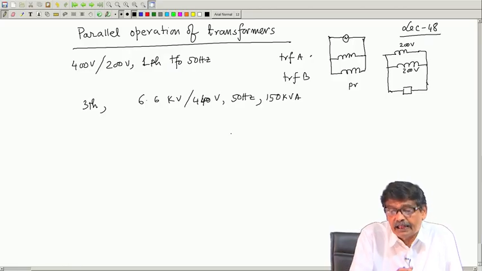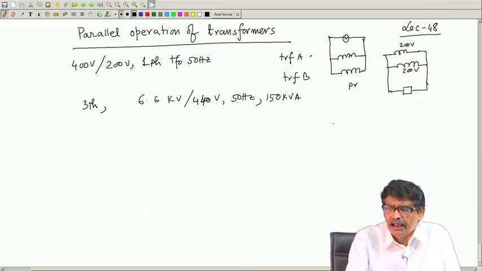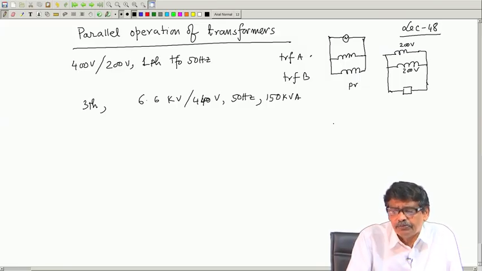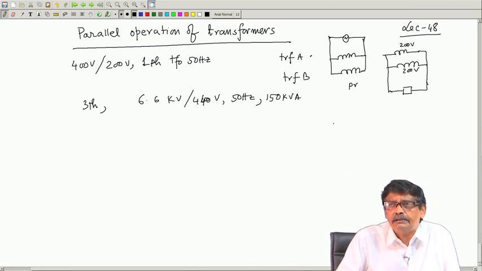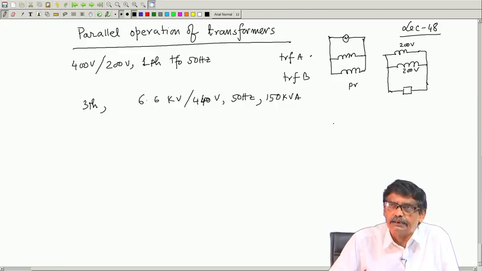Then you have to purchase another transformer of the same voltage rating but 300 kVA, and do away with this transformer, remove this transformer. But that is not an economic proposition, because this transformer is otherwise healthy, and the cost of a 300 kVA transformer with the same voltage ratings is going to be definitely higher.